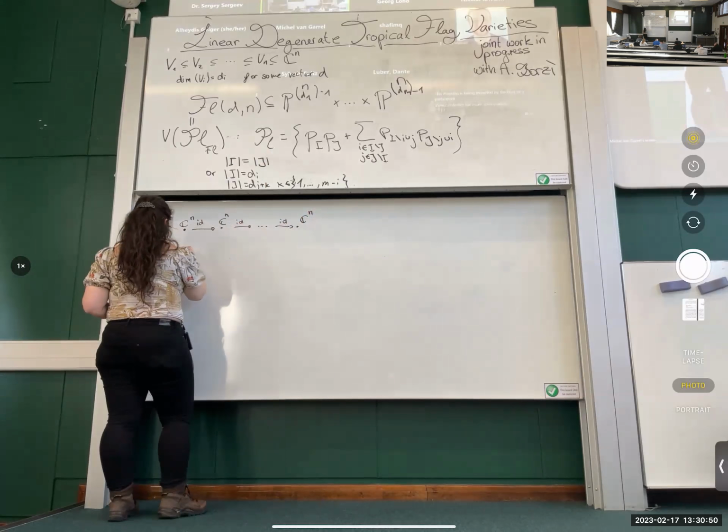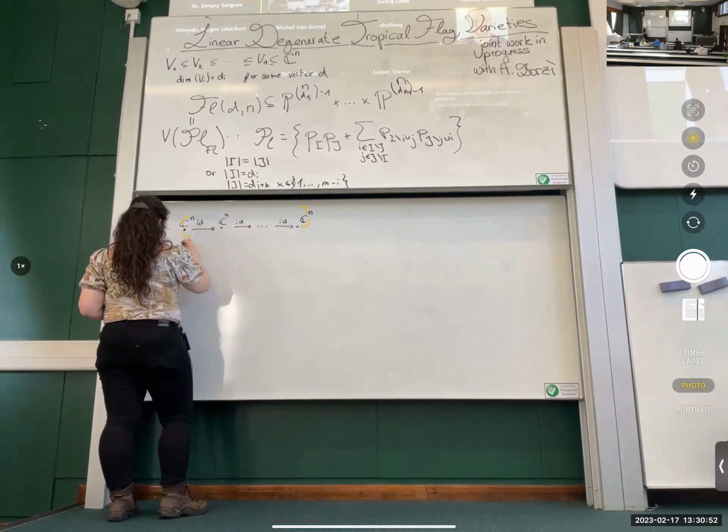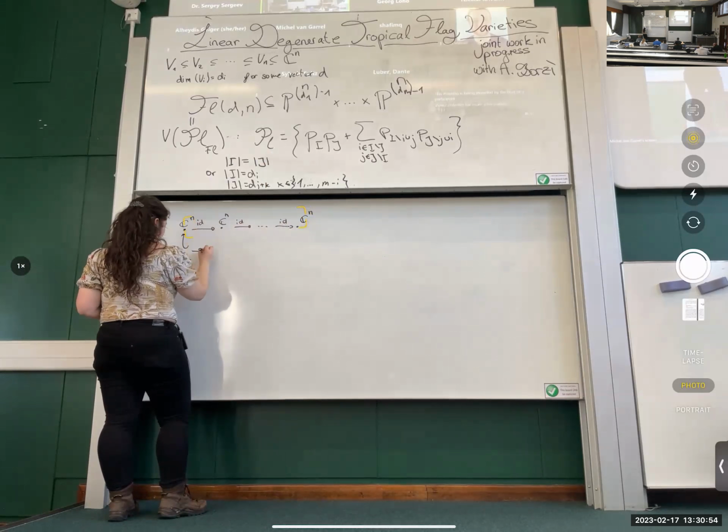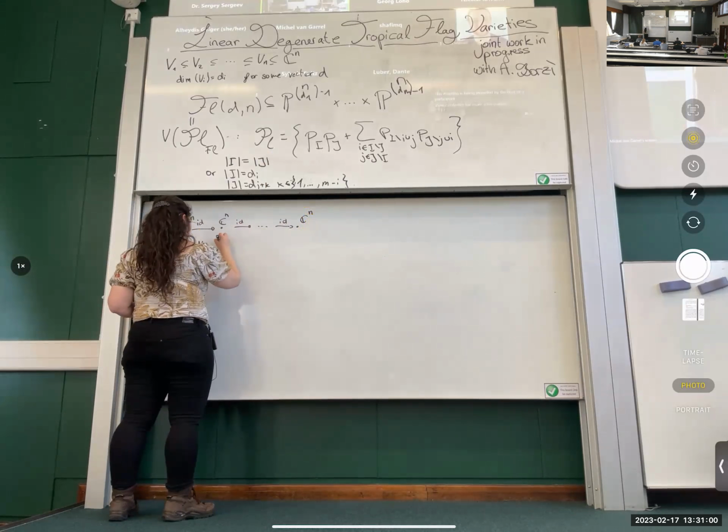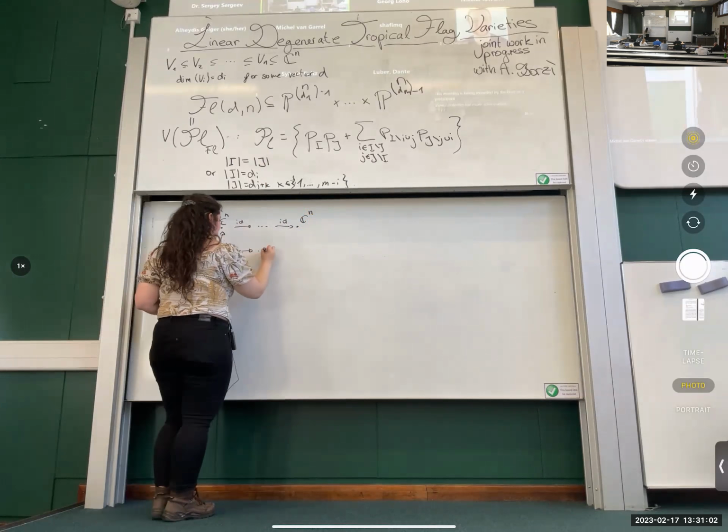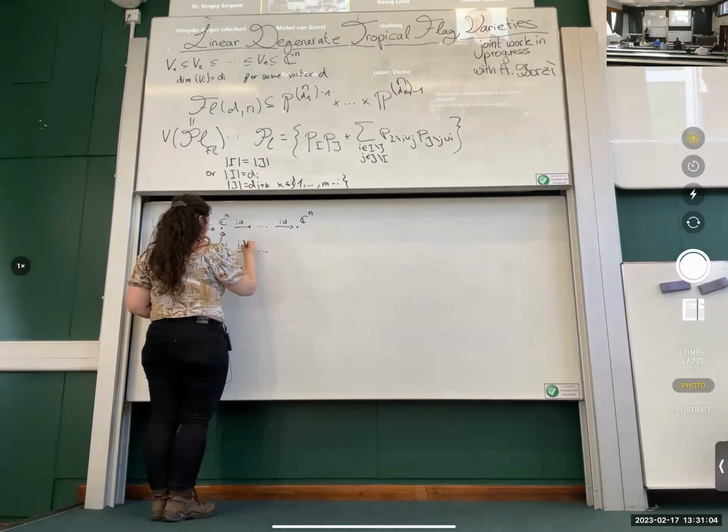And now you look at subspaces U_i that are embedded inside C^n, such that these restrictions are well-defined maps. And we have one additional condition that we will see throughout the talk today.